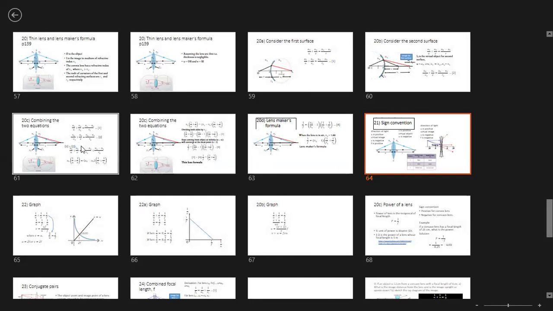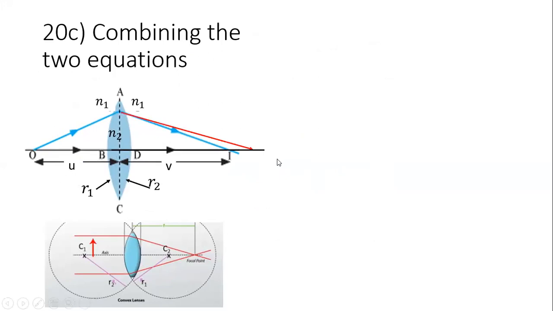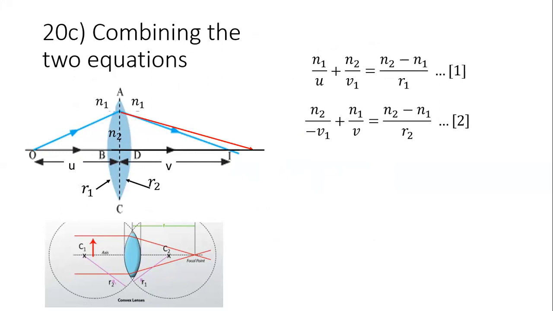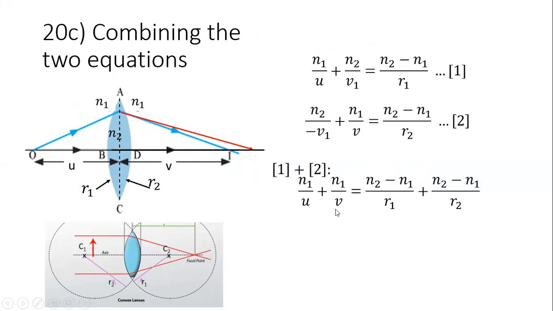Okay, so we combine the two equations that we have derived. Right? Equation 1, equation 2. So we add the two equations. Yes. This one will go off. Right? This one will go off. So we got N1U, N1V. And then this one is here. This one is here.